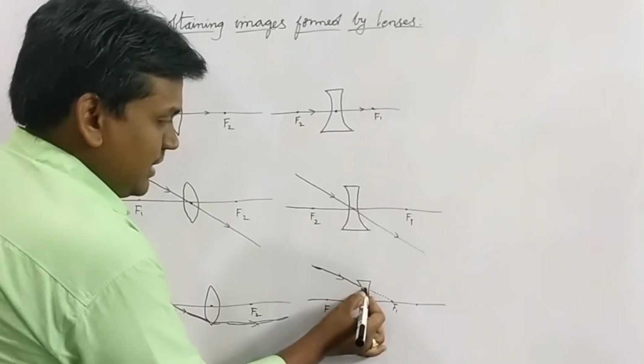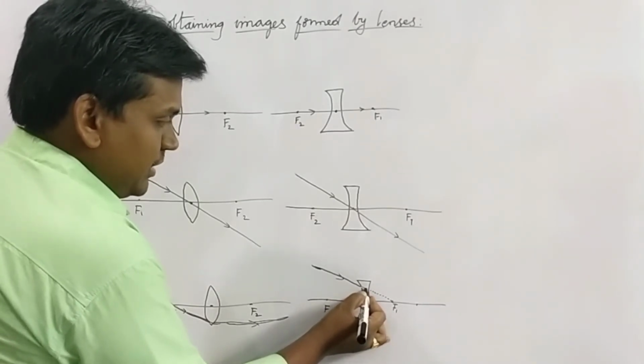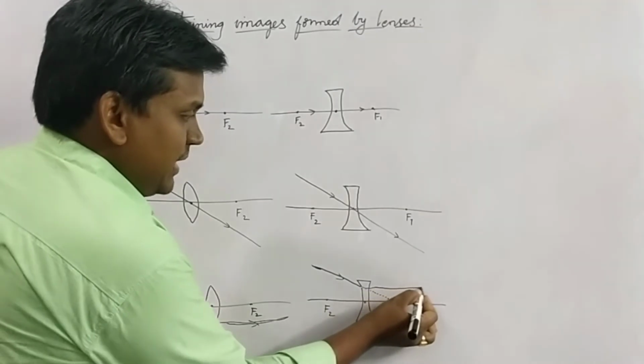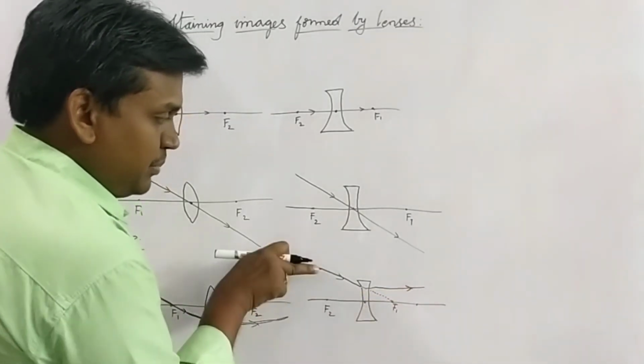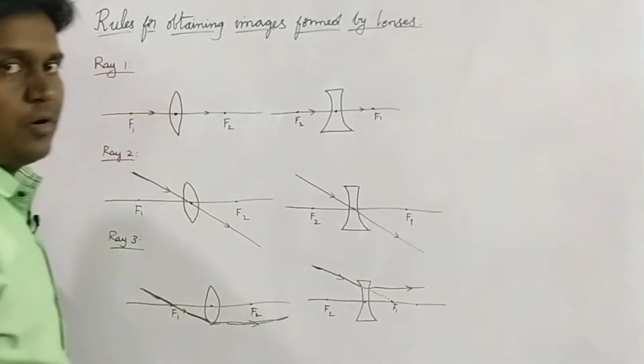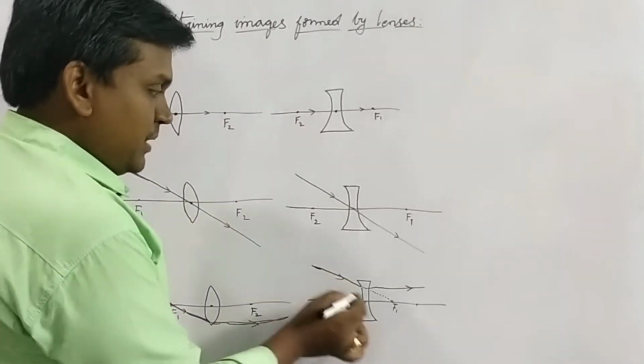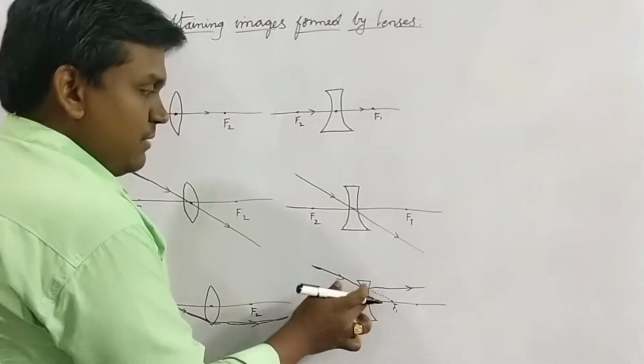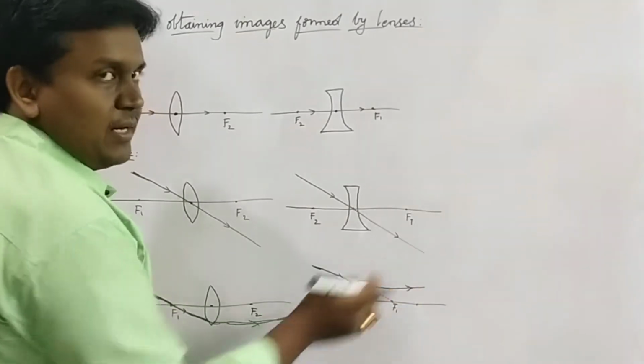So when it hits the lens here, it will be parallel to the principal axis. A ray which appears to pass through the focus, after touching the lens, will be parallel to the principal axis.